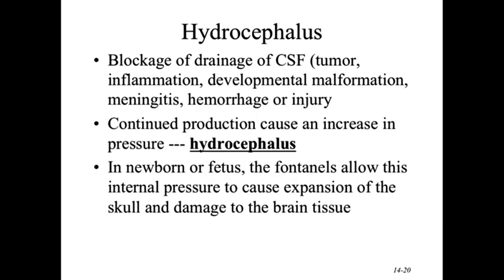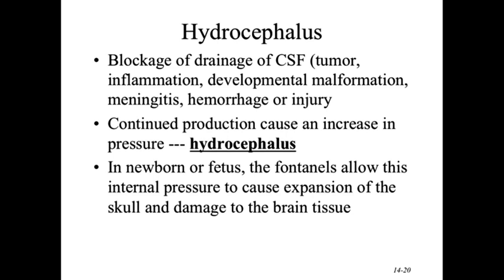Hydrocephalus is when there's a blockage of that flow of cerebrospinal fluid. So there's going to be a buildup of pressure, and then the head expands, which puts a lot of pressure on the brain. It could be due to a tumor, inflammation, some sort of developmental malformation, meningitis, and of course, some sort of head injury or even a hemorrhage.